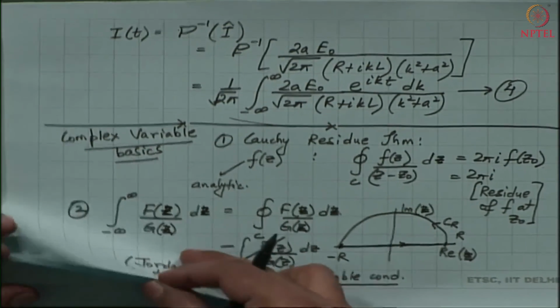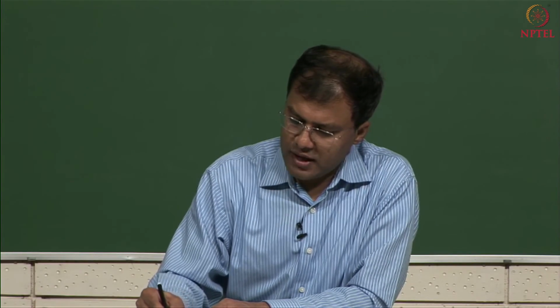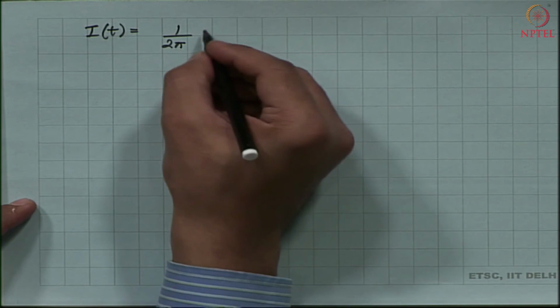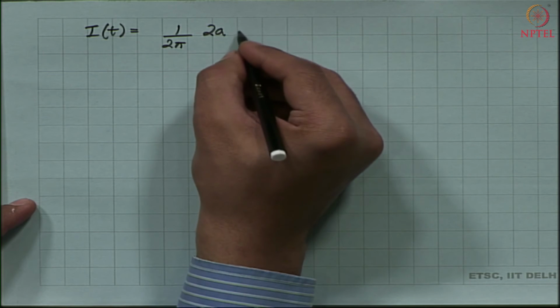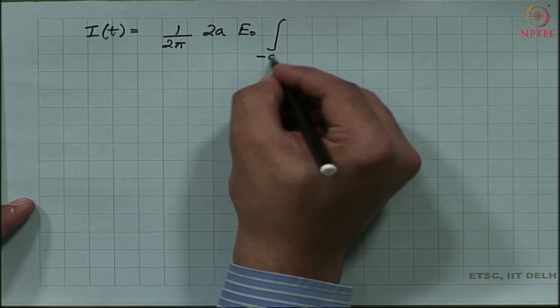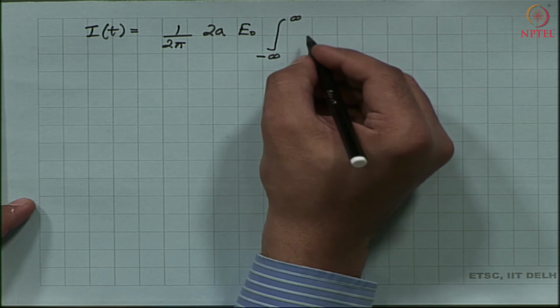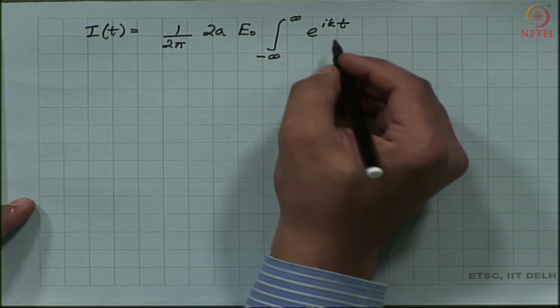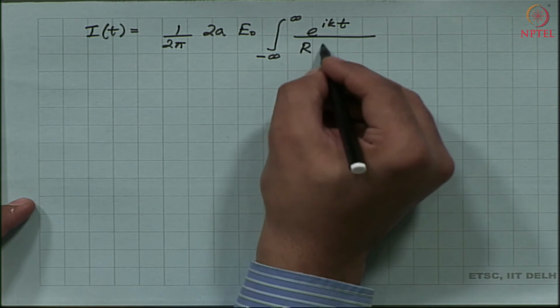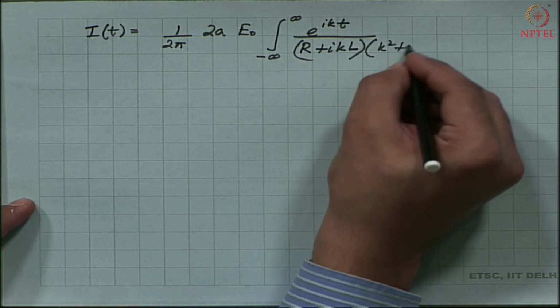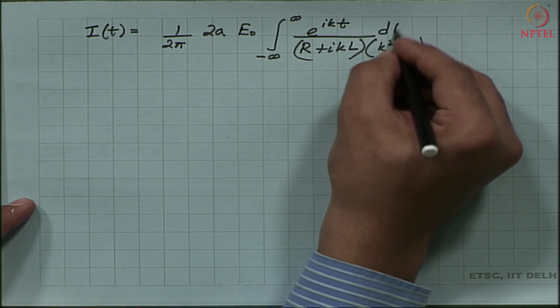So, coming back to 4, I have that I(t) is equal to 1 by 2 pi, let me take out all the constants, 2a E naught, integral negative infinity to infinity e to the power ikt divided by (r plus ikl) times (k square plus a square) dk.